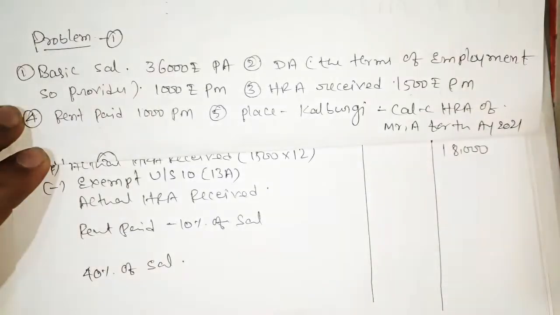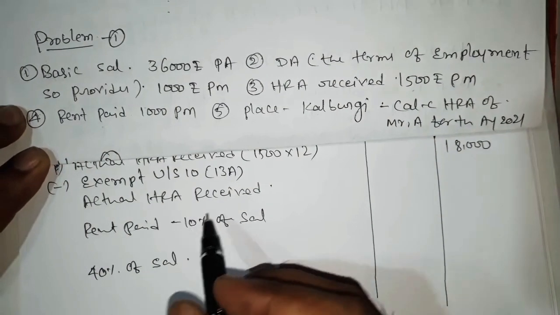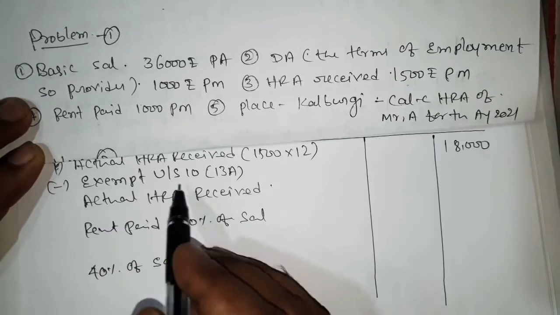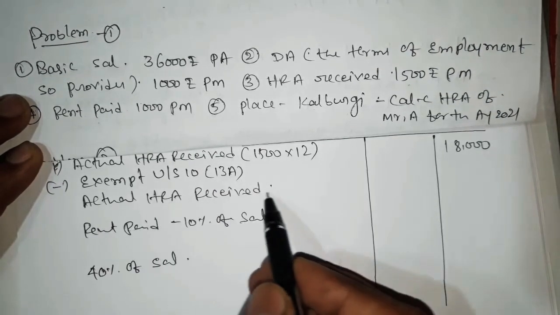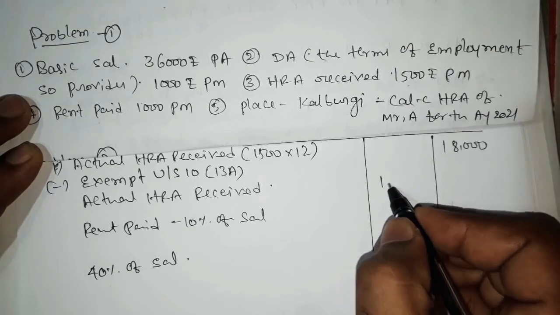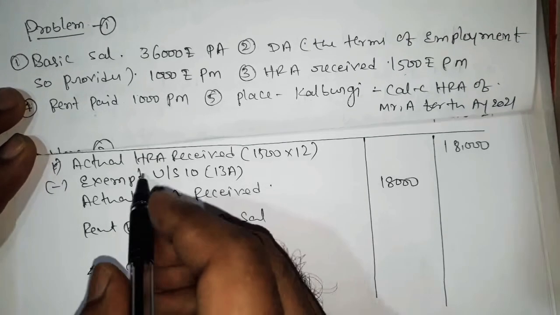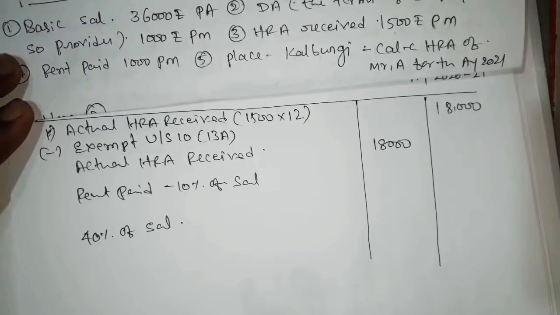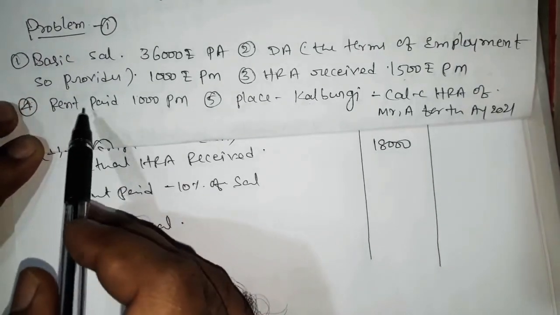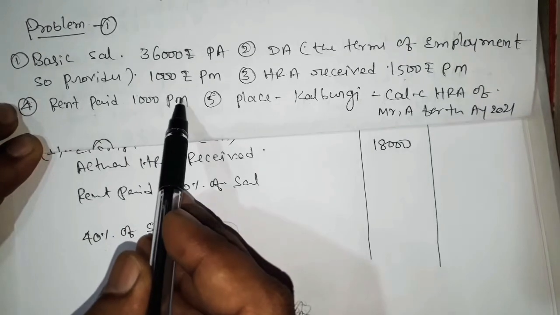Next, actual less exempt under section 10(13A). The actual HRA received is 18,000, the same as we put here. Then rent paid: how much is the rent paid? 1000 per month.